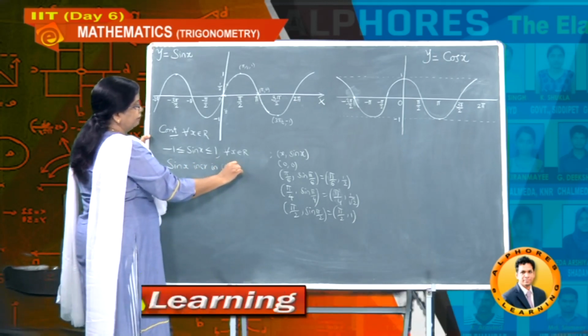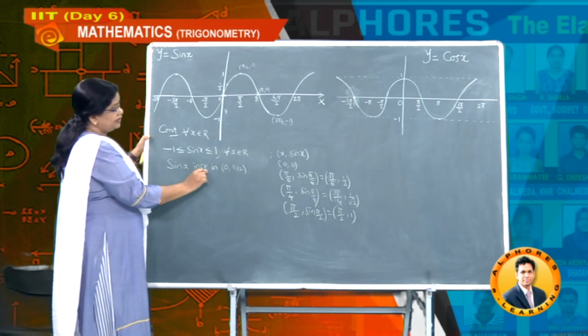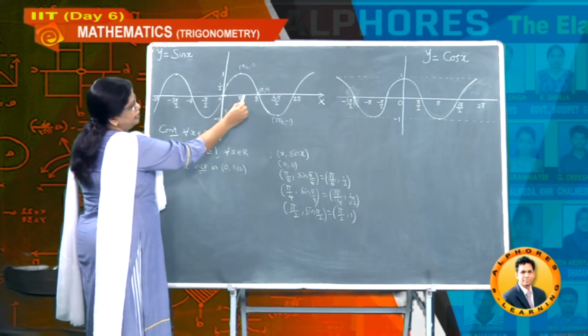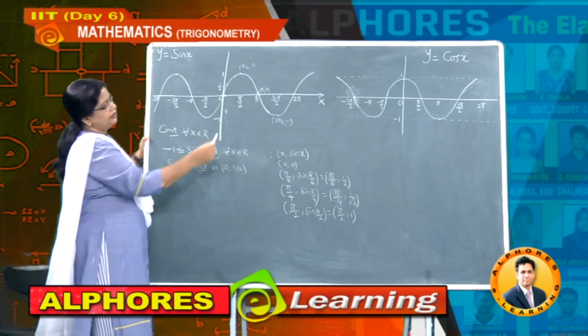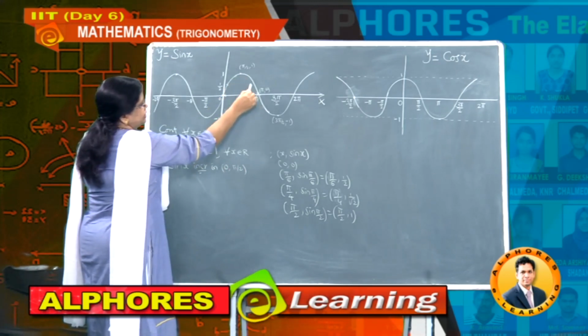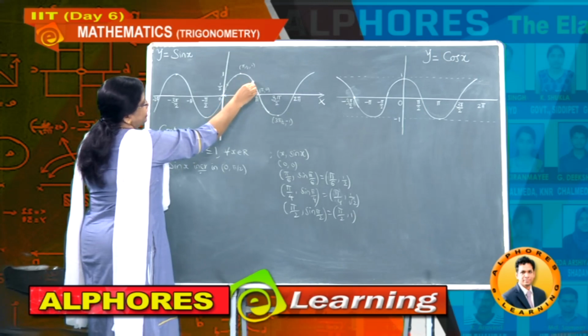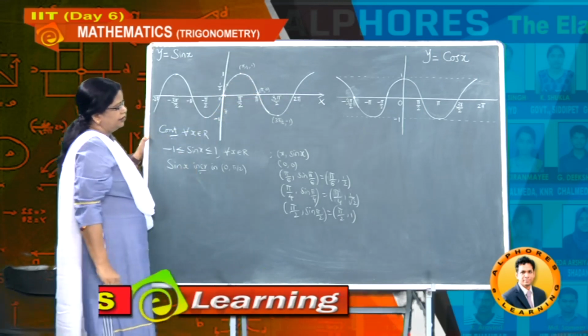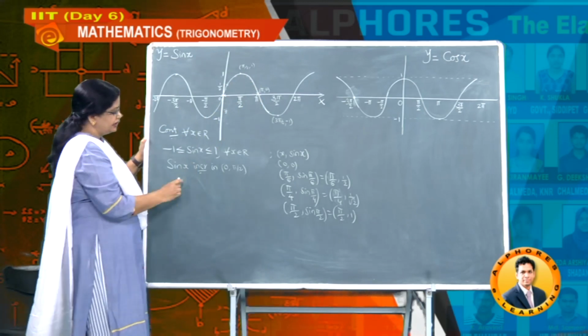So, sin x increases in which interval here? 0 to pi by 2. And next, suppose I take from 90 degrees to 180 degrees, then how is the curve taking? When x is increasing like this, correspondingly y values are coming down. Slowly they are falling down. That means it is known as a decreasing function.